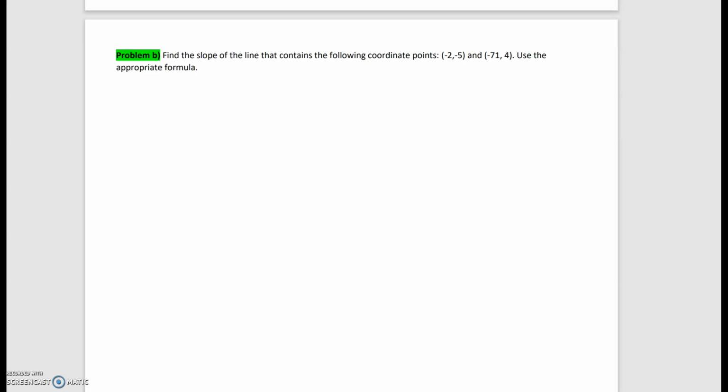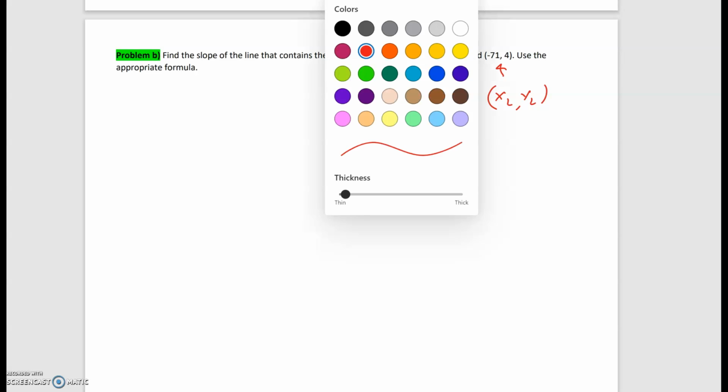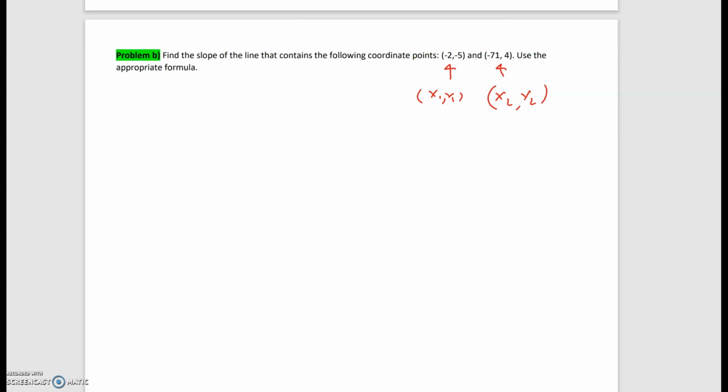And on the second problem, we're just going to say that that's your x1 comma y1. And this will be our x2 comma y2. And then our value of the slope is equal to y2 minus y1 divided by x2 minus x1.